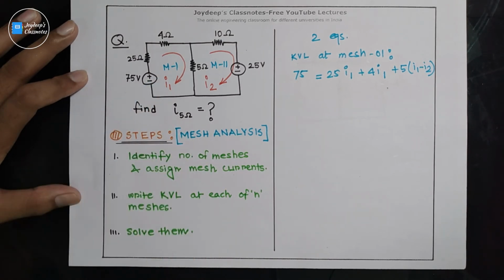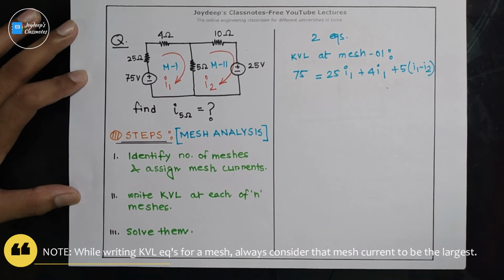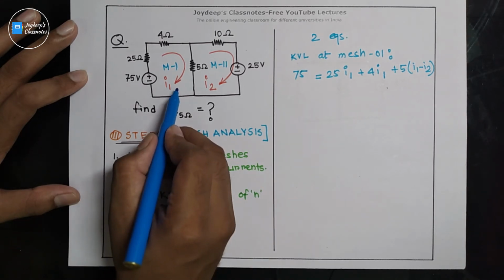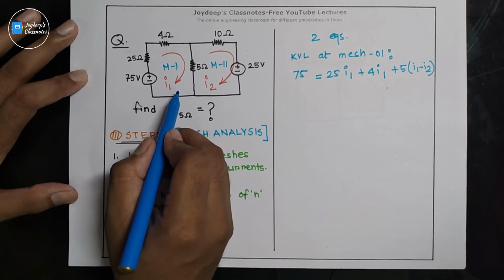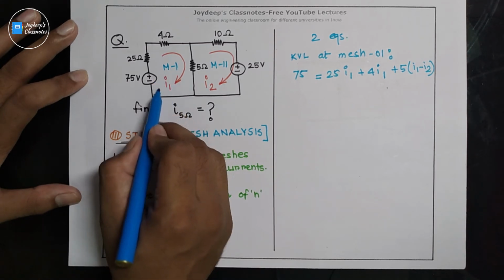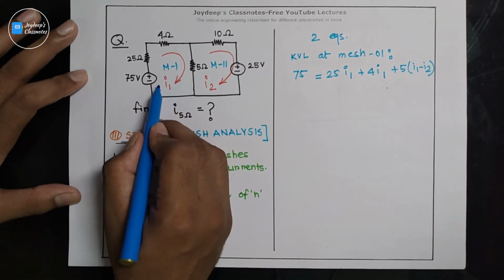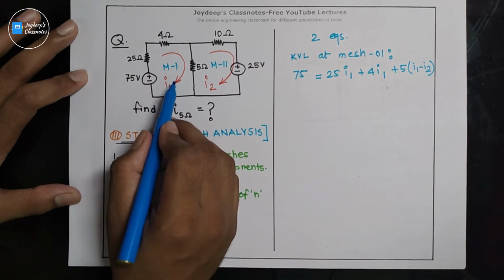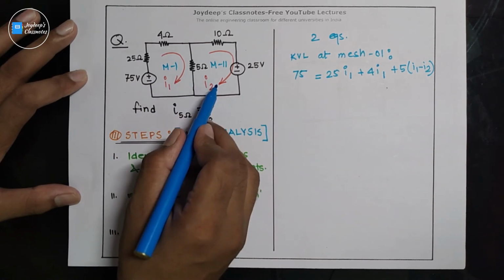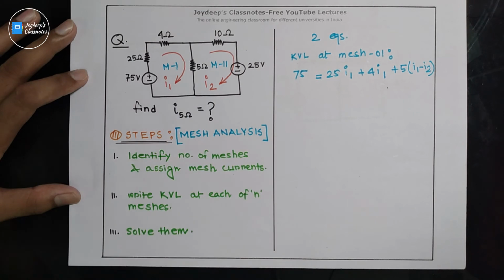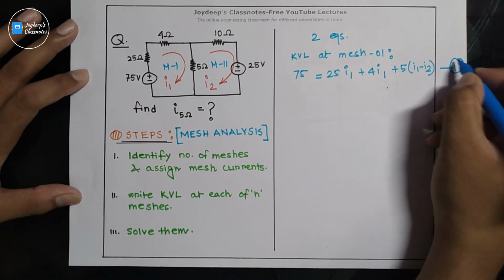Because always remember, while writing the KVL equation for a mesh, we will consider the corresponding mesh current to be the largest. What do I mean by that? Because we were writing the KVL equation for this mesh 1, so we will assume that this I1 current is the largest. So that's why I1 minus I2, right? Not I2 minus I1. Okay, so that's your equation number 1.